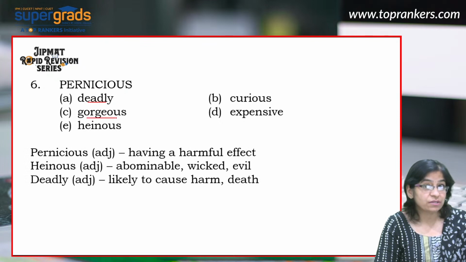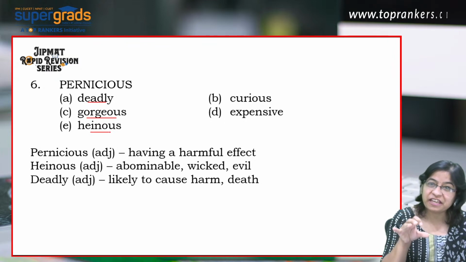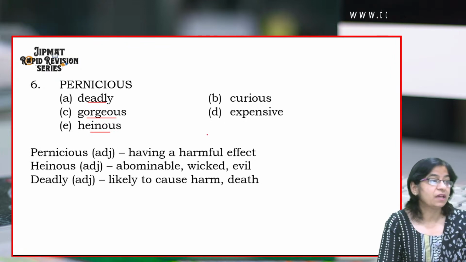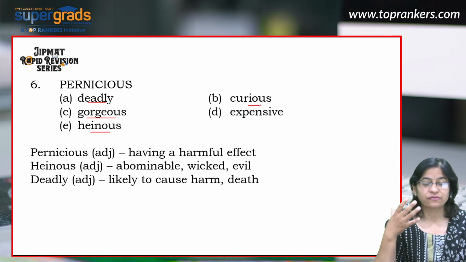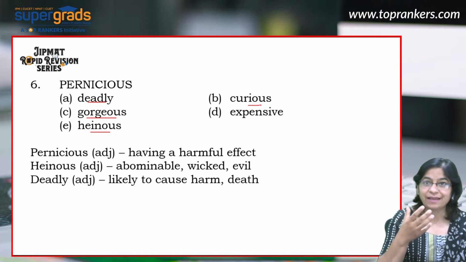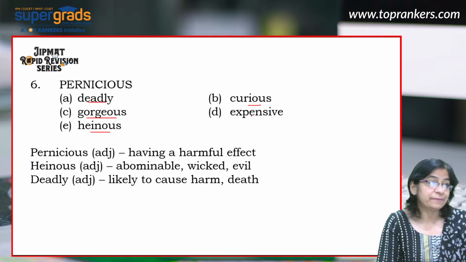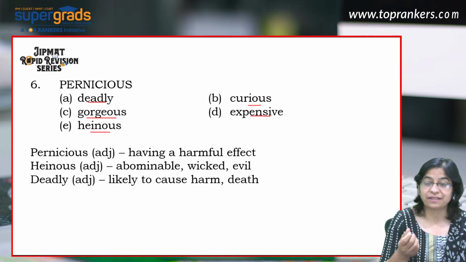Is it gorgeous? You know what gorgeous is, right? Heinous is something that's evil, wicked, abominable. Curious is when you have a sense of curiosity in you, when you want to know why this, why that, who's this, who's that. So you're curious, inquisitive. Or expensive, that is something that's costly.